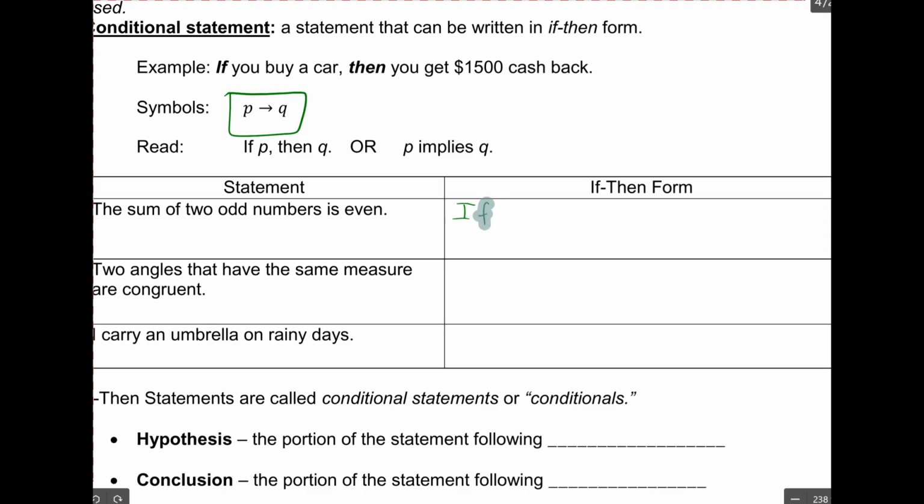If you add two odd numbers, then the answer will be even. Then the sum is even. This is where my handwriting gets really crappy.